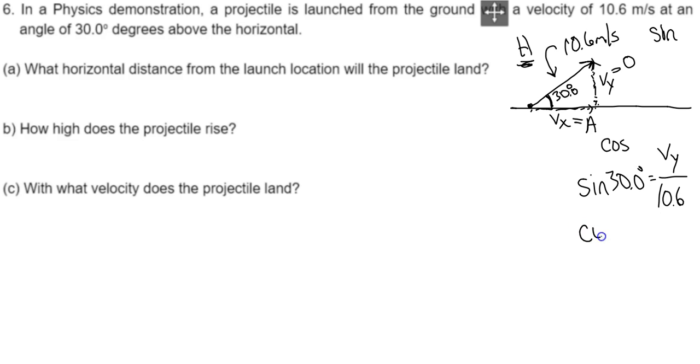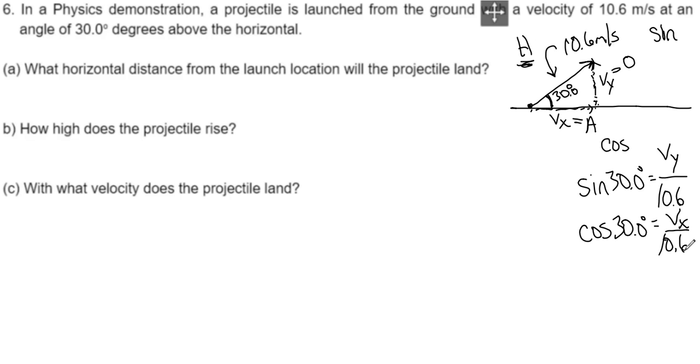Our cosine of 30 degrees is equal to the velocity in the x direction, the adjacent side, over the hypotenuse, which is 10.6. In order to figure these out, when I rearrange them, all I'm going to do is multiply both sides by the hypotenuse.